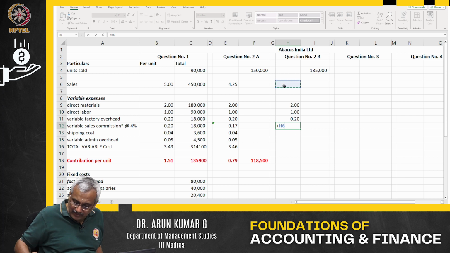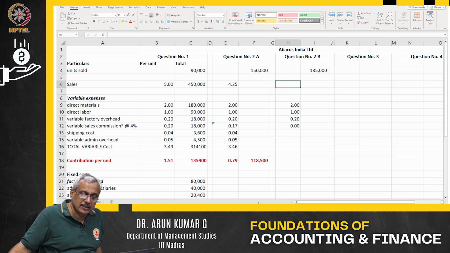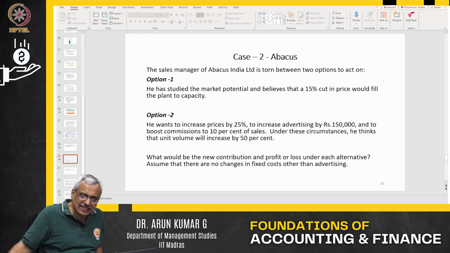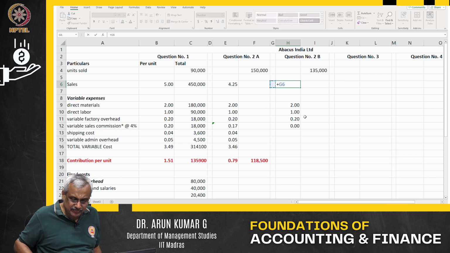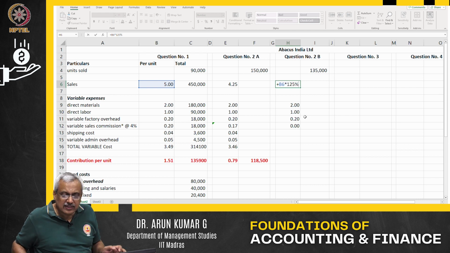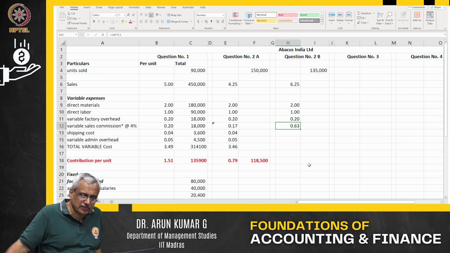What is the sales price? We have not discussed the sales price yet, so let us discuss it. The sale price, he says, is increasing by 25%. So $5 into 125% is going to be 6.25, and my commission is going to be 6.63.